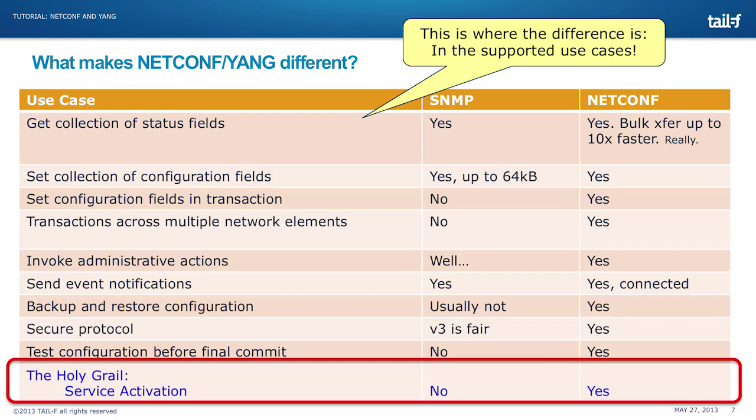For example, when you want to fetch monitoring information from a device with SNMP, since it's carried over UDP, you're limited to either writing config data or fetching config data for what fits into that 64 kilobit limit on the size of SNMP datagrams. With NETCONF, you actually can stream bulk data because it's carried over TCP.